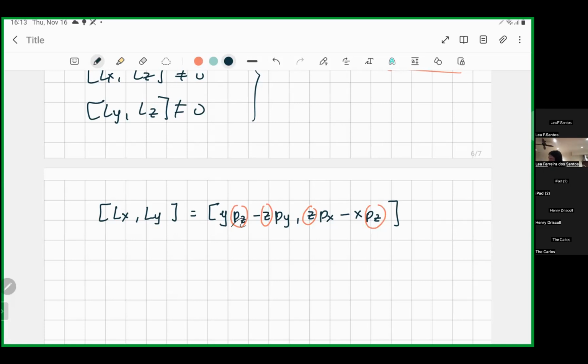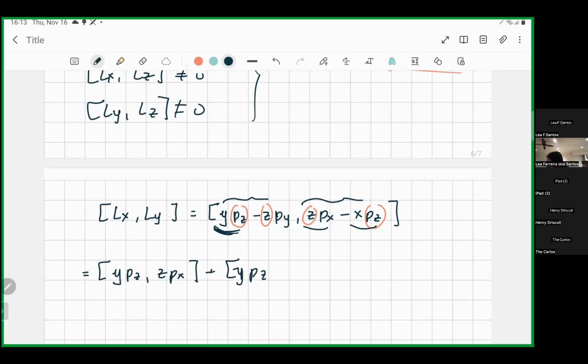When we have sums or differences as we have here, we can open this commutator. So let me start by doing this. So I'm picking this first element here, y pz, with this guy, so z px. Again, this guy, y pz, with the last one.